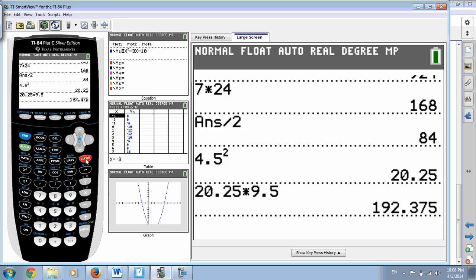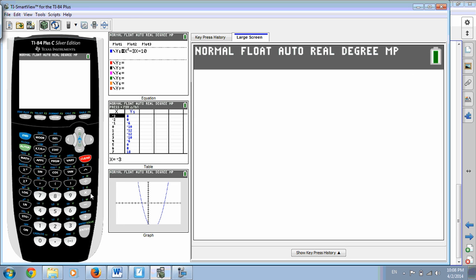We're going to take our volume, 192.375 pi, and we're going to multiply it times the amount of gallons that are in 1 cubic inch, which is 0.004329.